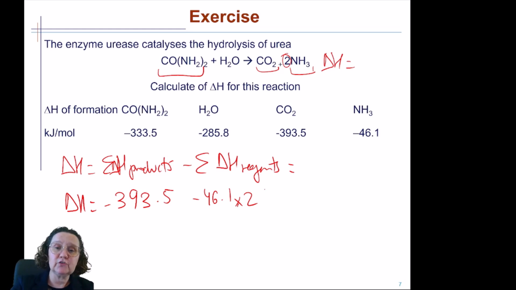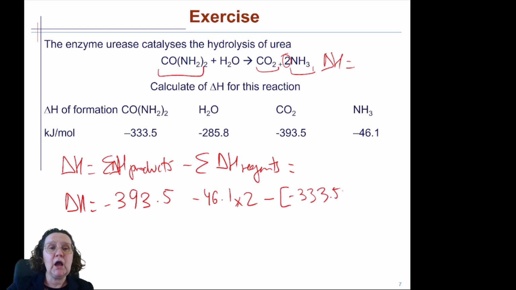And then I've got the enthalpy of the reagents, and I've got 2 reagents and they are 1 mole each, so I don't need to multiply by anything. One is urea itself, minus 333.5 kilojoules per mole, and the other one is water, the enthalpy of formation of water, minus 285.8 kilojoules per mole.